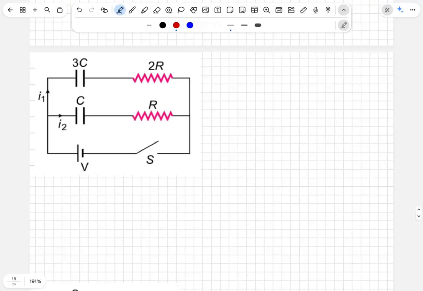Now you have a situation, this is an ideal battery.